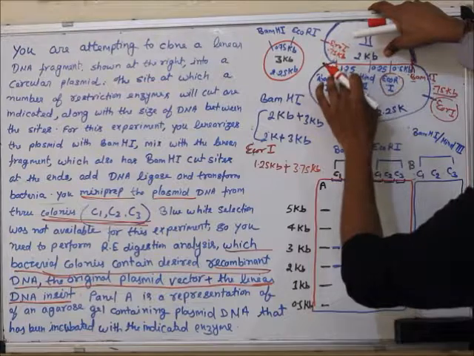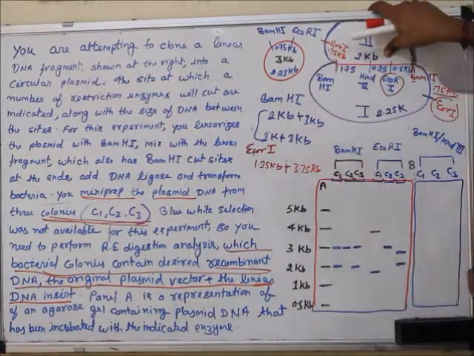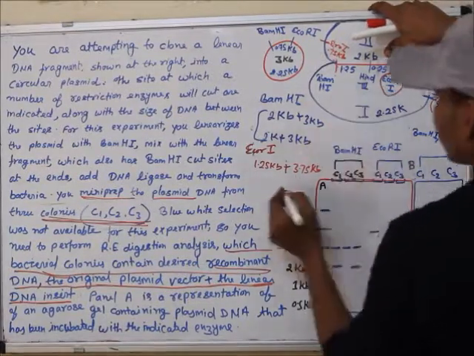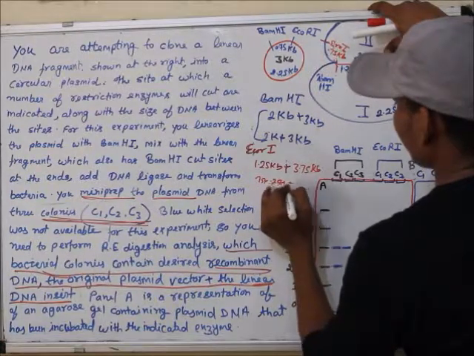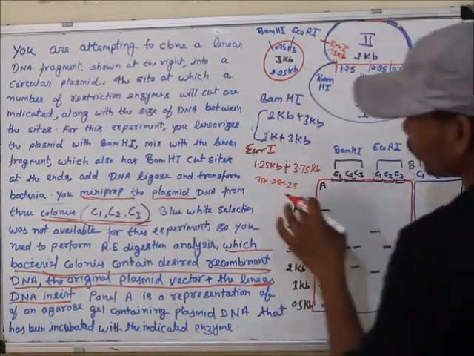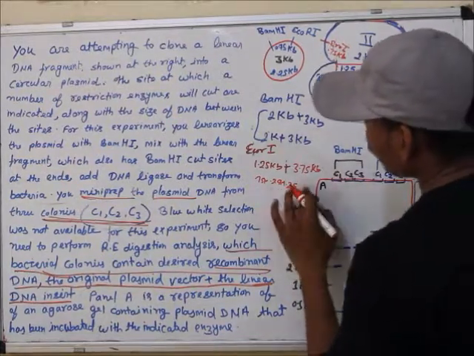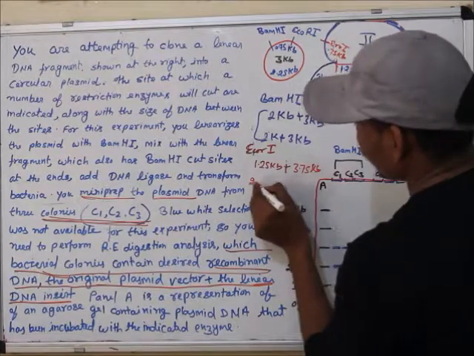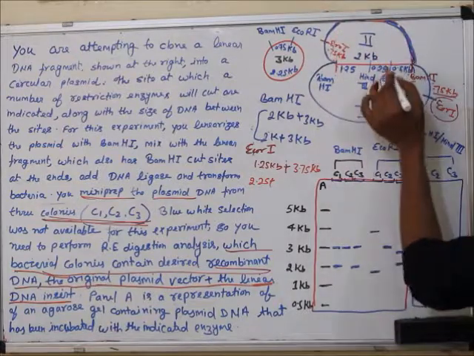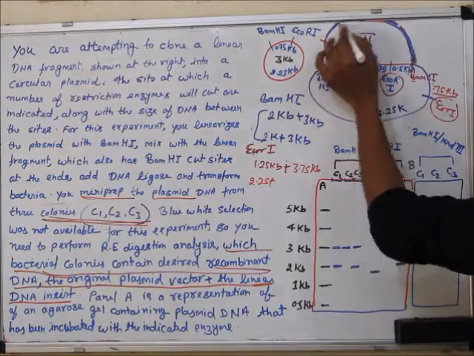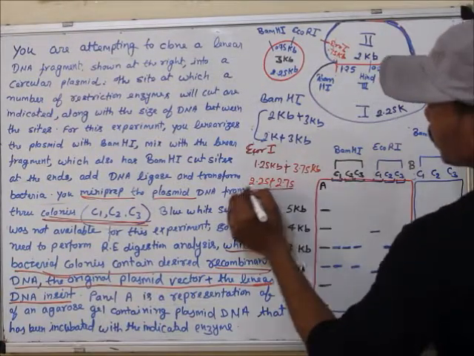If you add 0.75 plus 0.25 plus 1.25, you will get 2.25, and the remaining would be 2.75.